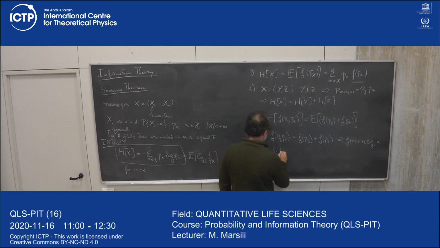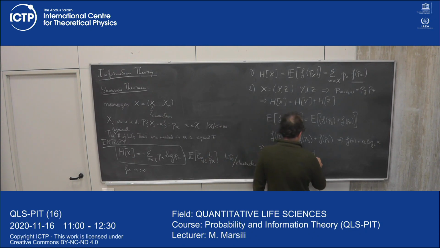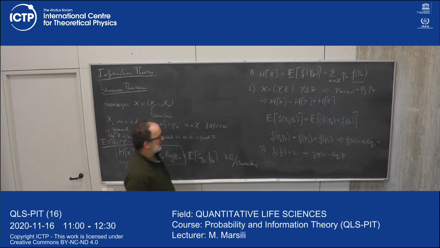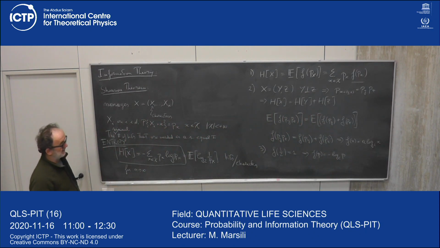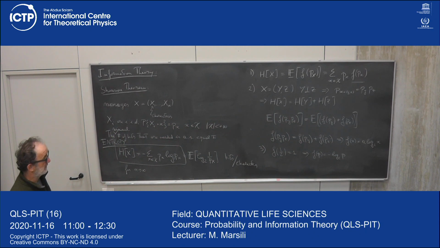So we want essentially that f of 1/2 is equal to 1. Then this means that f of x must be equal to minus log 2 of x, or f of p should be minus log 2 of p. Okay, so this is an alternative derivation, and you can find other derivations as well.